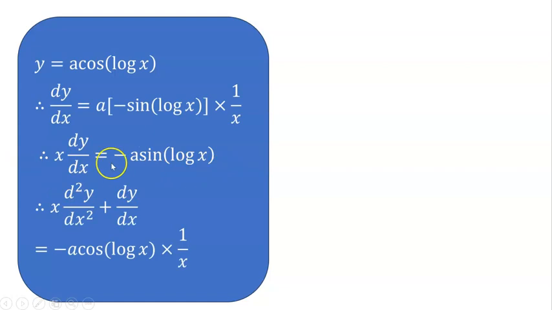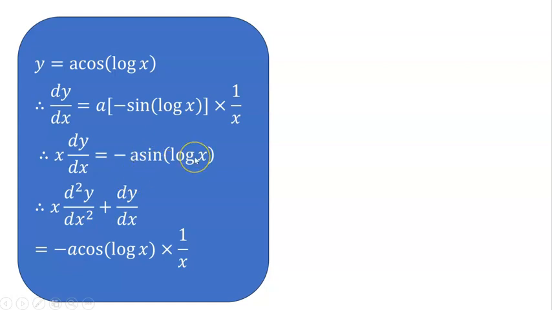Again differentiate on both sides with respect to x. Here we will apply the product rule to x into dy by dx. First keep x as it is, times the derivative of dy by dx, which is d2y by dx square, plus the derivative of x, which is 1, keeping dy by dx as it is. Hence you get dy by dx into 1, that is dy by dx. On the right hand side, minus a is kept as it is.